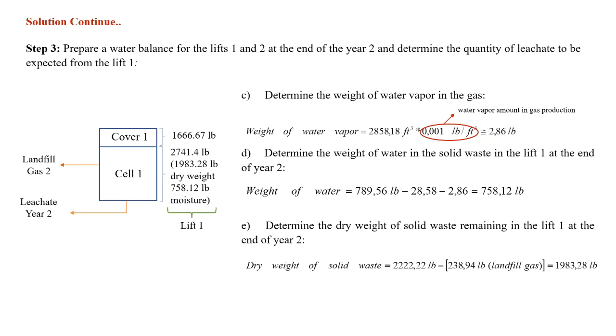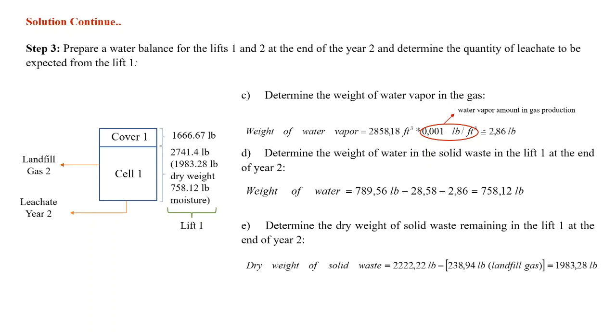And now we should estimate the water amount in solid waste found in lift 1 at the end of the year again. Normally we have 789.6 pounds of water depending on the rainfall and the solid waste moisture content, but because of the water consumption and water vapor loss, now we have 758.1 pounds of water inside lift 1 at the end of year 2.